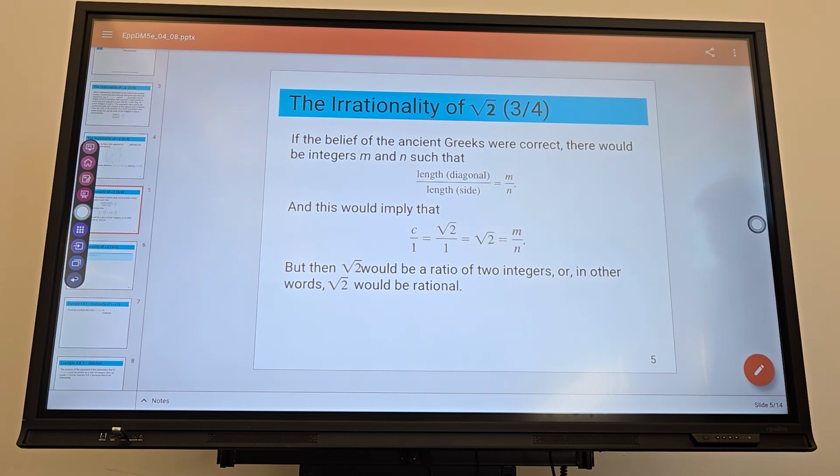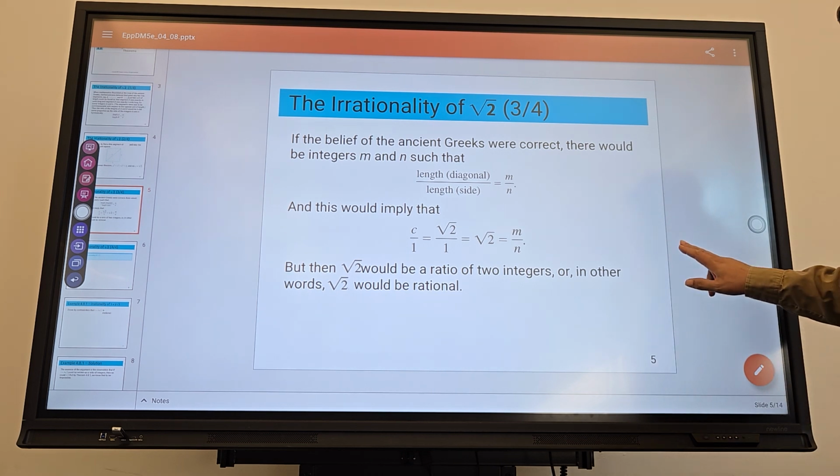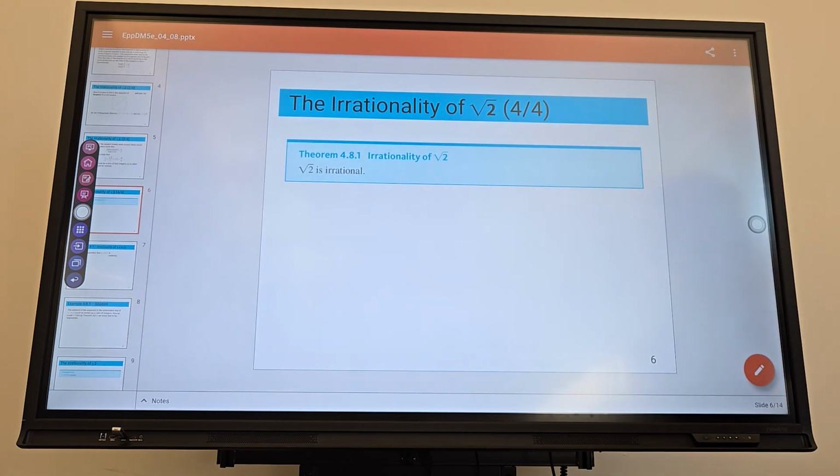This would imply that c equals square root of 2 equals m over n. But then square root of 2 would be a ratio of two integers, or in other words, square root of 2 would be rational. But square root of 2 is in fact irrational. So what the Greeks thought was not true.